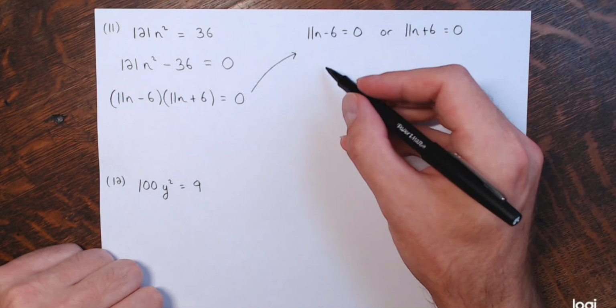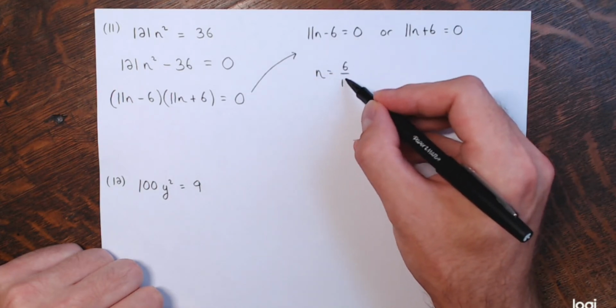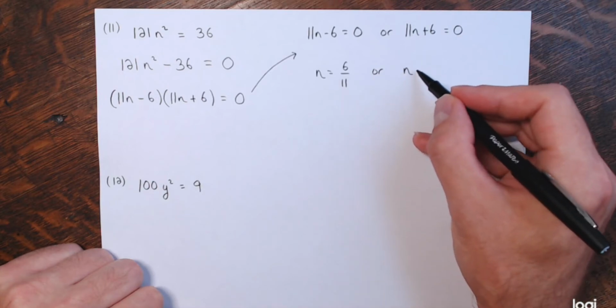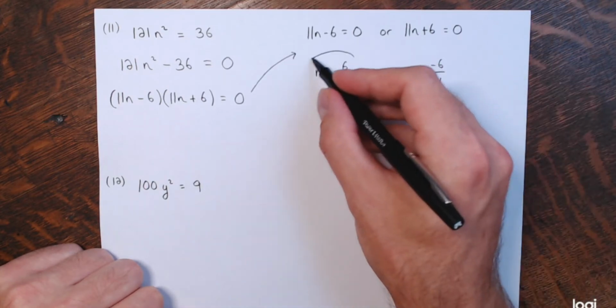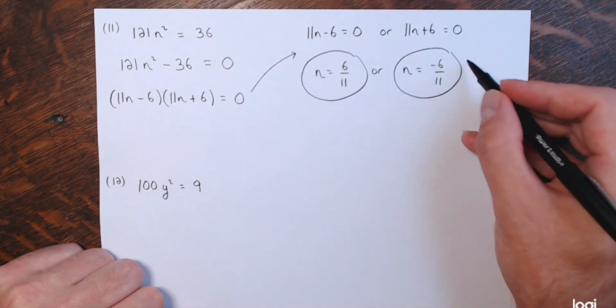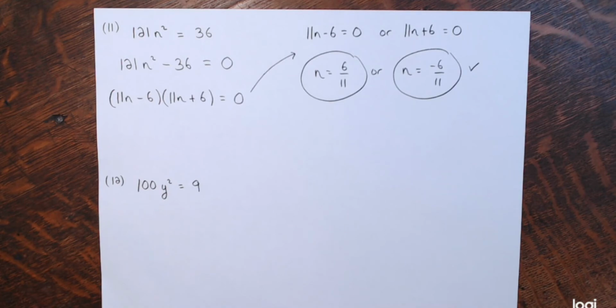So we get our solutions. n can either be positive 6/11ths, or n can be negative 6/11ths, right? But our two solutions are these two numbers. And again, don't forget to check them. So positive 6/11ths, negative 6/11ths, both work. Or you could also write, plus or minus 6/11ths.